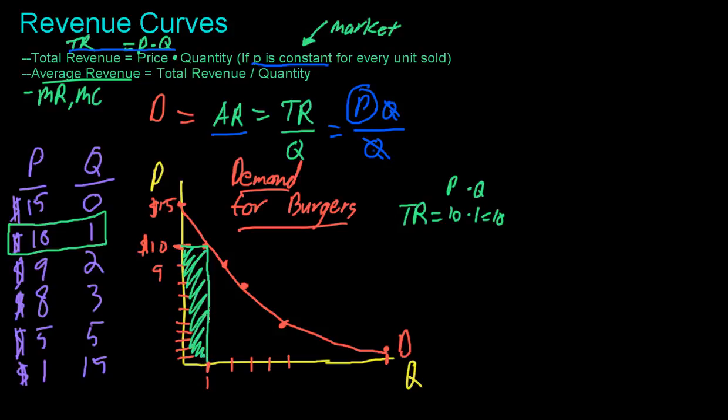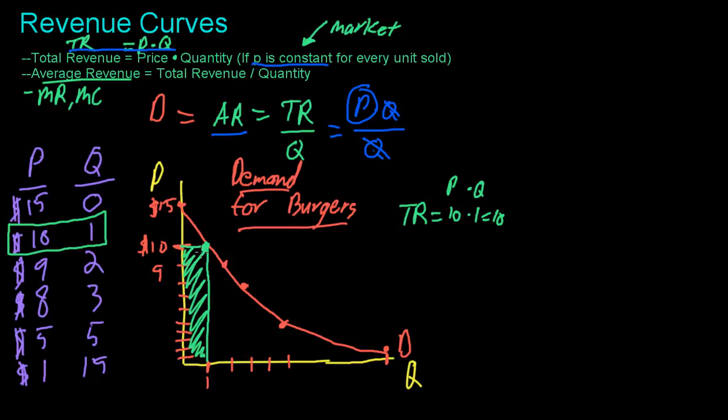Now, average revenue is equal to total revenue divided by quantity, or it's also equal to price. And so in this box, our price was $10, and we can see that if we go over to 1 unit of quantity and up to $10, that puts us right on the demand line.